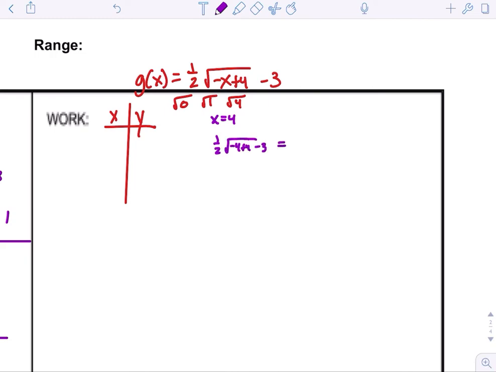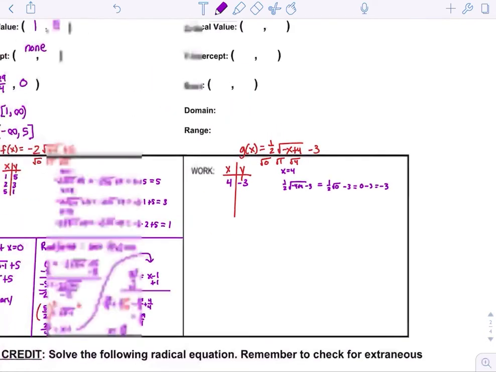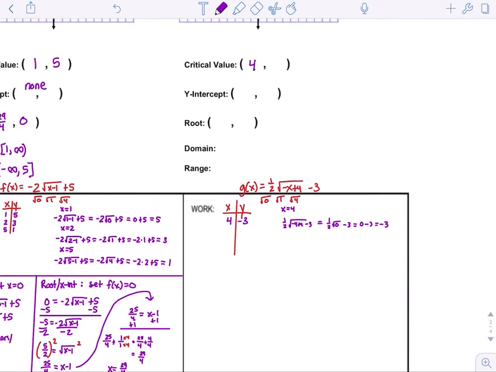We all know negative 4 plus 4 is 0. And 0 times 1/2 is just 0, minus 3, which is negative 3. So our first coordinate is going to be at (4, negative 3). And this is your critical value as well. It's the first coordinate, or starting point.